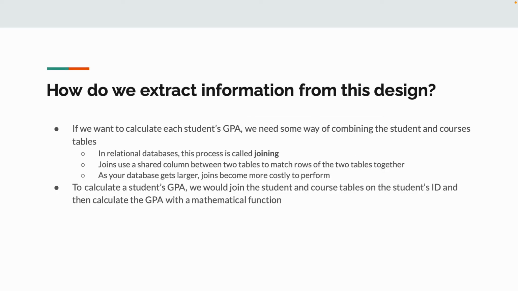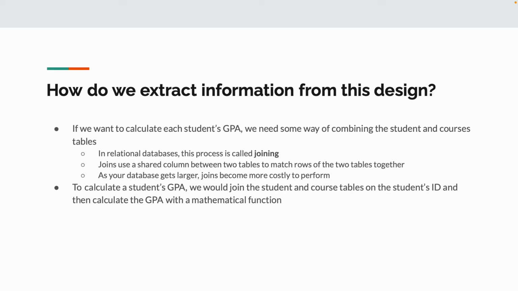But how do we extract information from this design? Essentially, we will have to combine tables together, and that process is called joining. Joins use a shared column between two tables to match rows of each table together. And as your database gets larger, this operation becomes increasingly expensive.